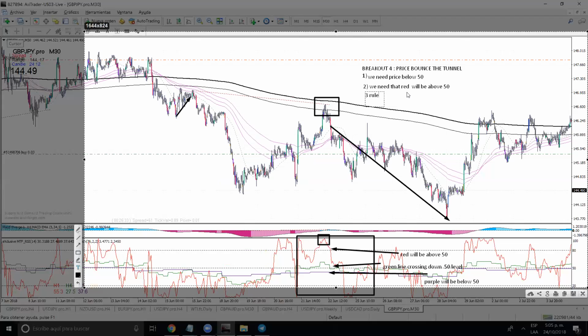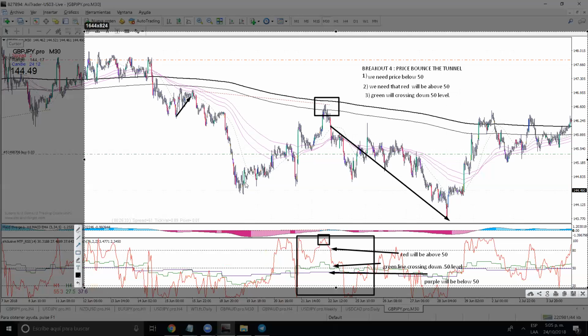Third rule: sorry, green. The green will be the trigger this time. Green will cross down the 50 level, for this bearish example.